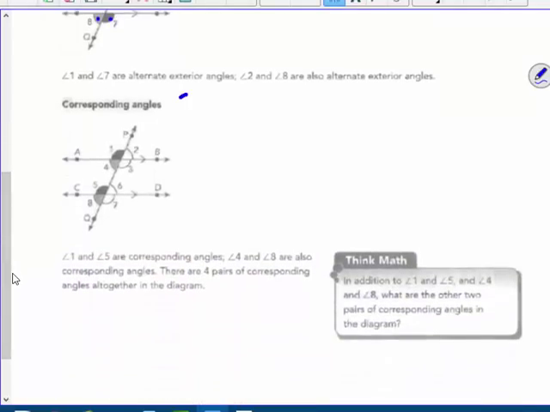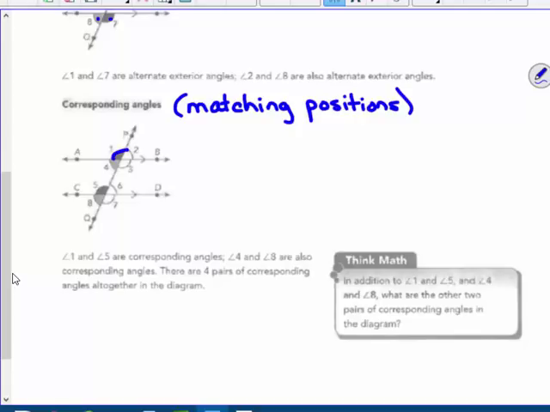Corresponding, I think of this as matching. They're in matching positions. Angle 1 is left and above one of the parallel lines, and angle 5 is also on the left side of the transversal and above a parallel line.